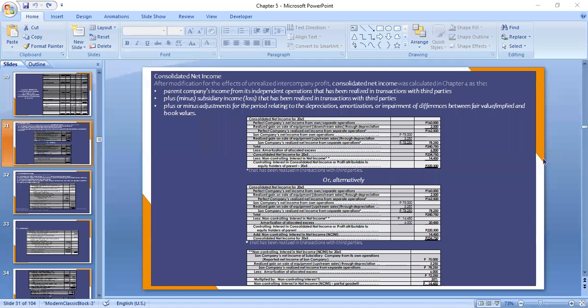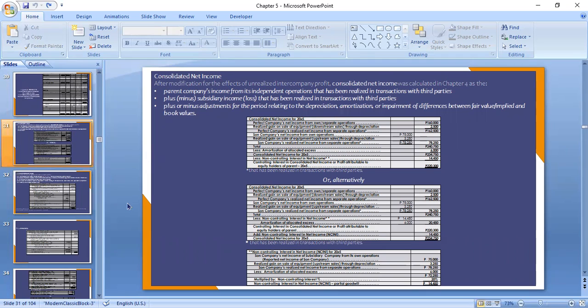Let's continue with the determination of consolidated net income after modification for the effects of unrealized intercompany profit.